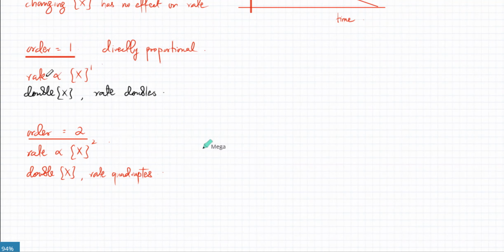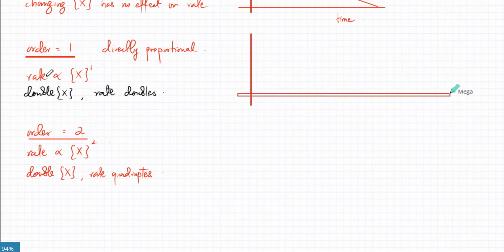So how would an order 1 graph look? It's going to look something like this. That's my X-axis, that's my Y-axis. Over here, I have the concentration of X plotted, and let's say it's 1, 2, 3, 4, 5, 6, 7, 8.